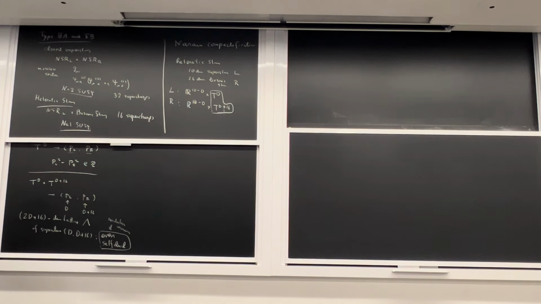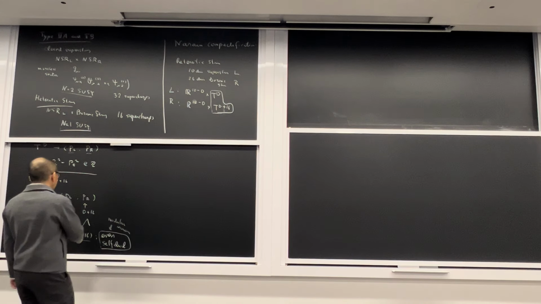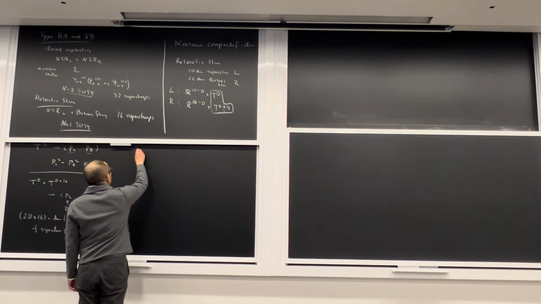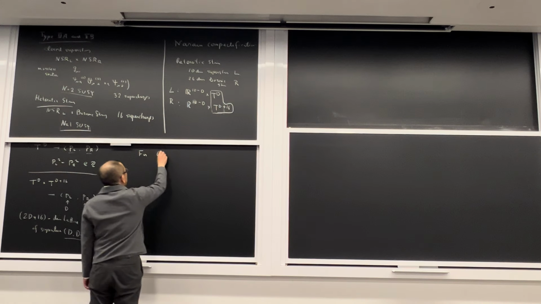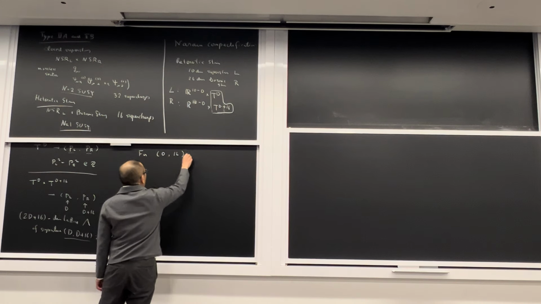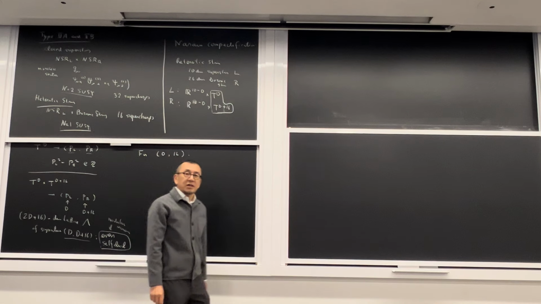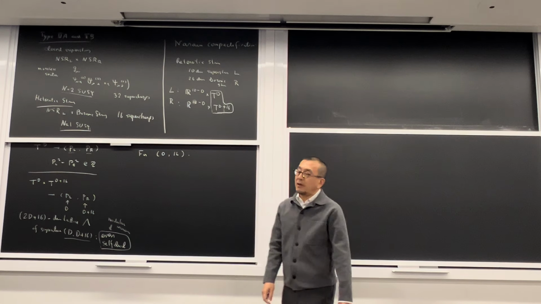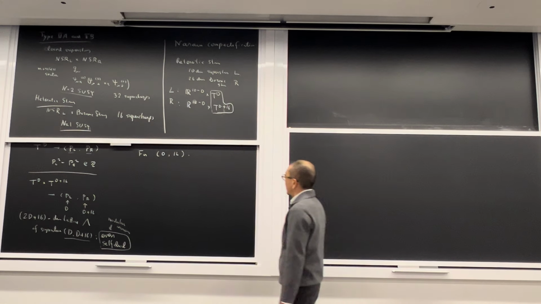Okay. Now, in the case of signature (D, D+16), it was known in the case when D equals 0, for signature (0, 16), we already saw that there are two types of lattice which satisfy this condition.